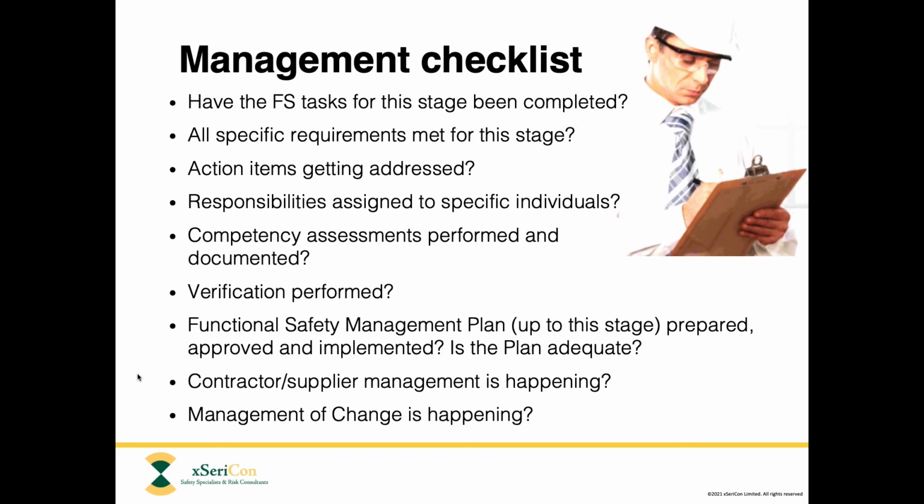We would like to see that you have some kind of responsibility matrix, or a list at least, of who is assigned to each significant task relating to functional safety. Then for those key individuals, we'd like to see that a competency assessment has been done. We would like to see that you've executed verification for the relevant life cycle phases that are already completed.